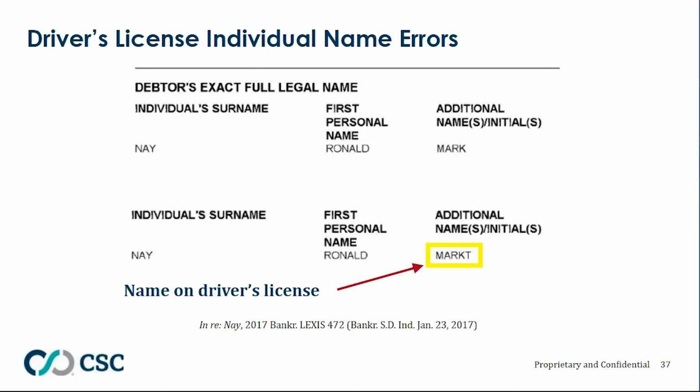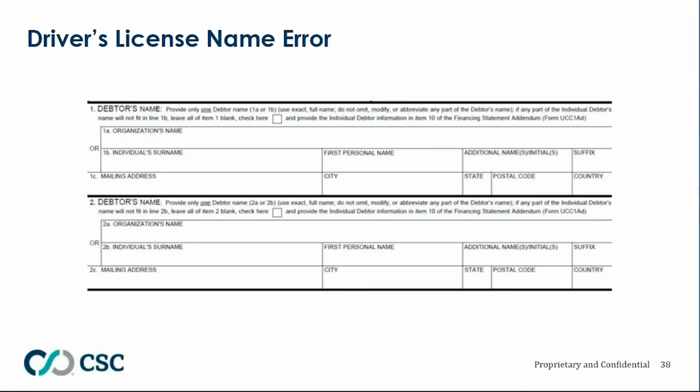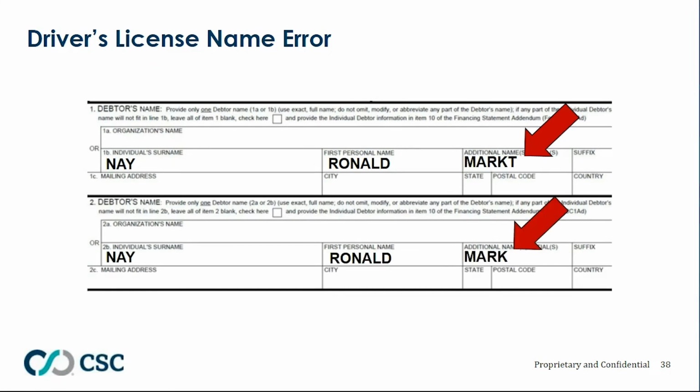So when it comes to errors like that, if Markd doesn't look correct, there's absolutely nothing wrong with also putting the name as you think it might be if it was really correct. That way, if the debtor ever fixes the driver's license, assuming that T was an error, the correct name will be on there. And it's also on there in a way that it'll show up under either the correct or the likely way it would be searched incorrectly.